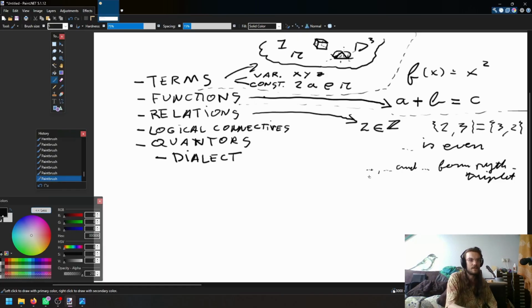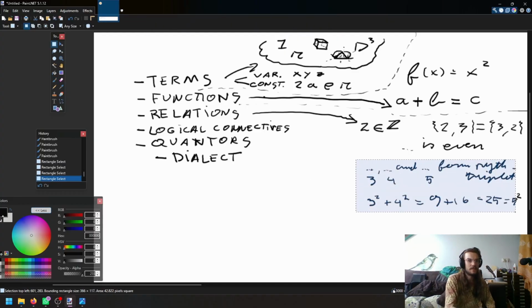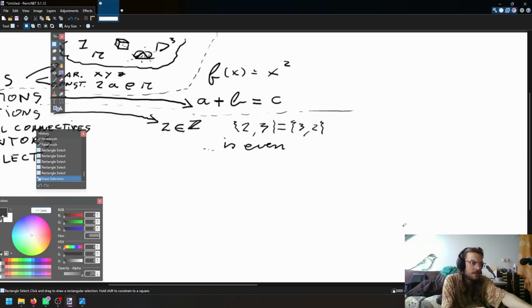So for instance, 3, 4, and 5 form a Pythagorean triplet, because 3 squared plus 4 squared equals 9 plus 16 equals 25 equals 5 squared. And that's called a Pythagorean triplet. So this would be a three-ary relation. But that's maybe a bit too bulky, so let's get rid of it.